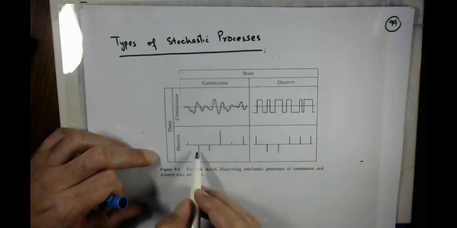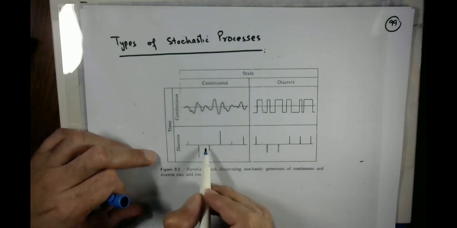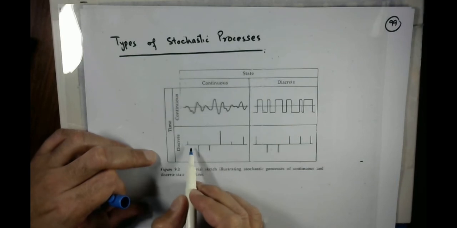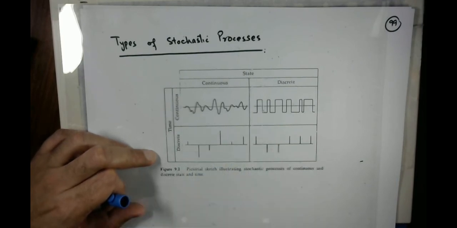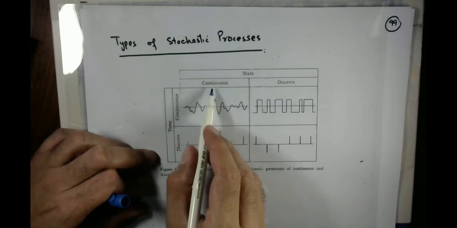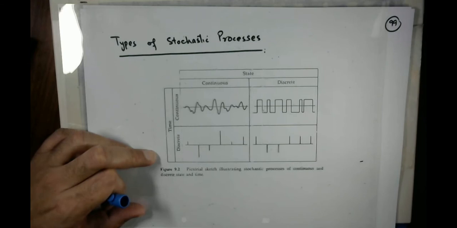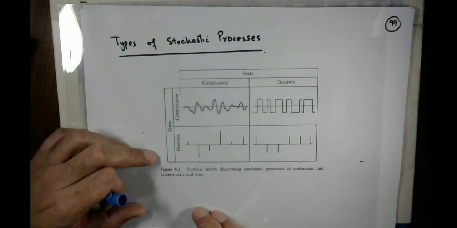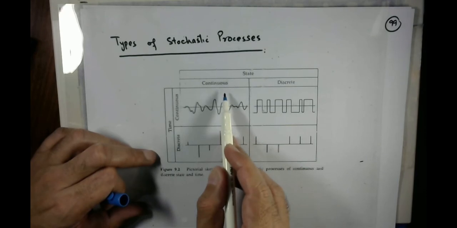This is a discrete time continuous state process, which means the time is discrete in nature. You pick the value of the process at a fixed interval of time, but the value or the state of the process can be any possibility within a continuum, and hence this is a discrete time continuous state process.